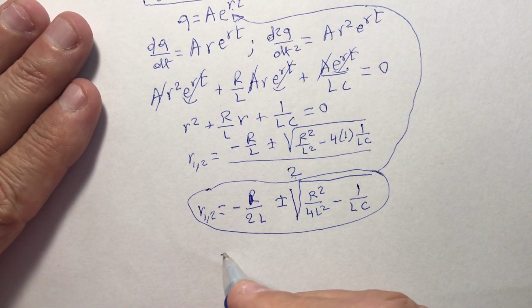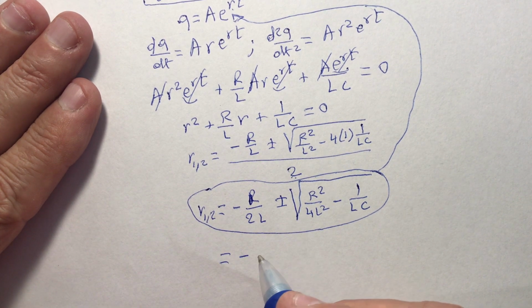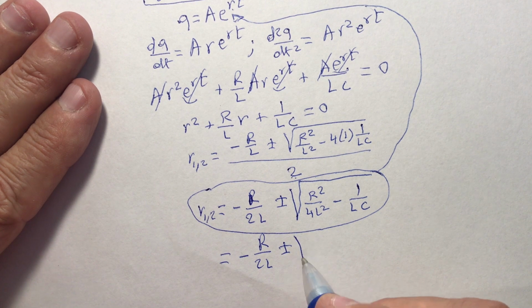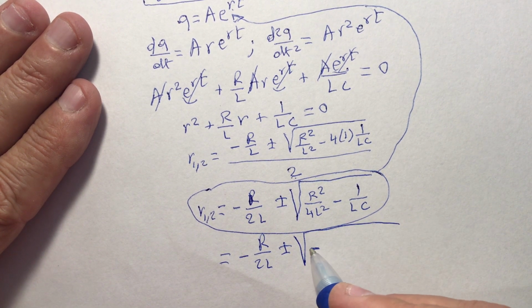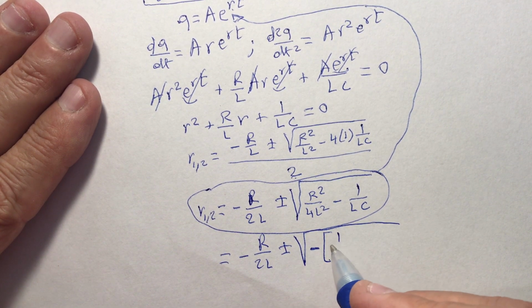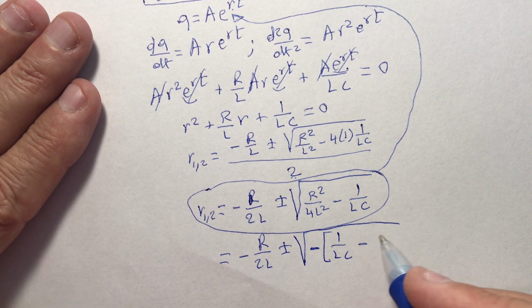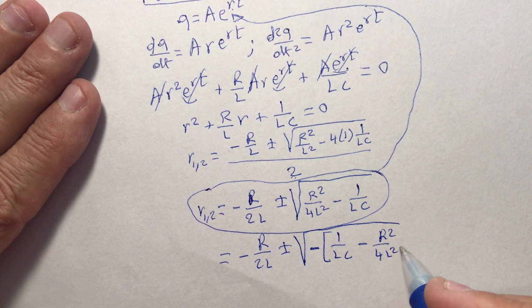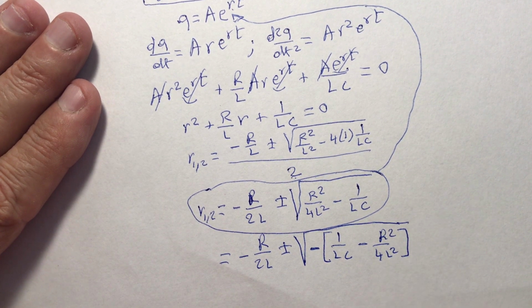So what I can do is this trick. I can put here minus R over 2L plus or minus square root. I put a minus here, and then I put 1 over LC minus R squared over 4L squared, close bracket. You see, I just pulled out this minus. This minus here, if it comes out of the radical, becomes i.